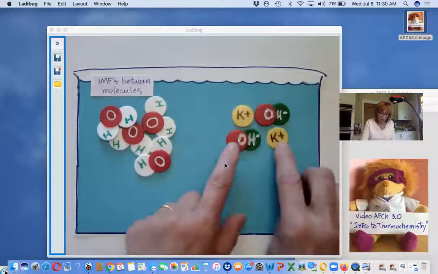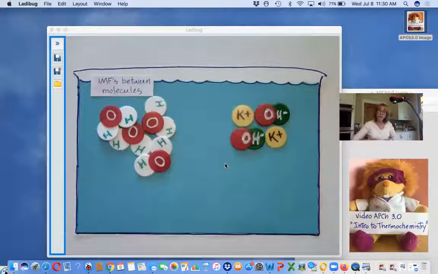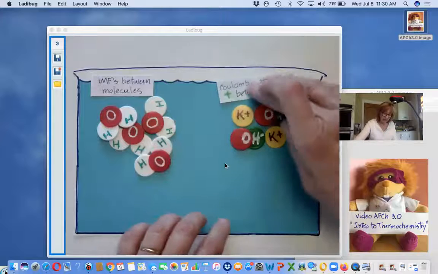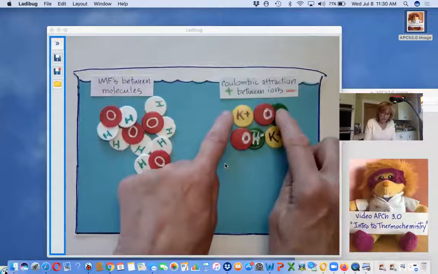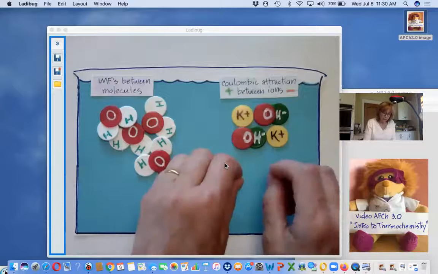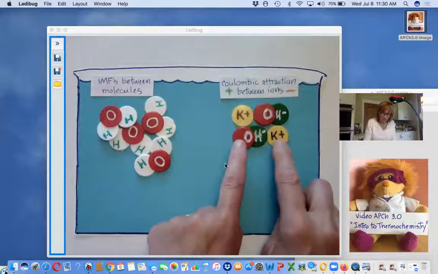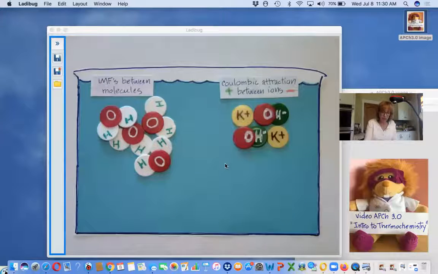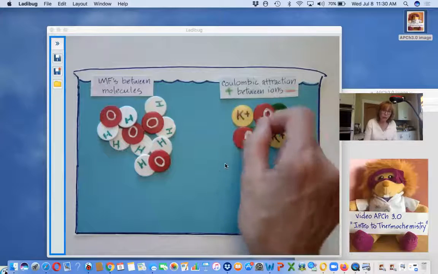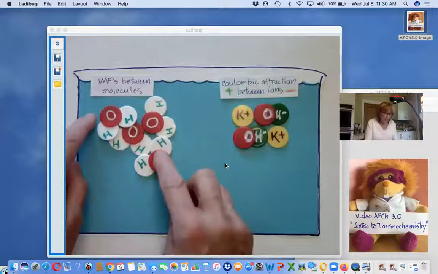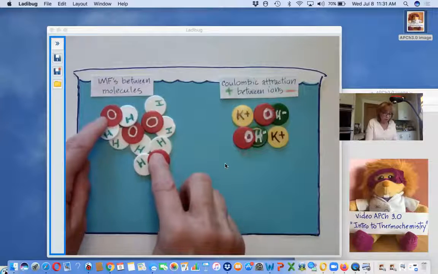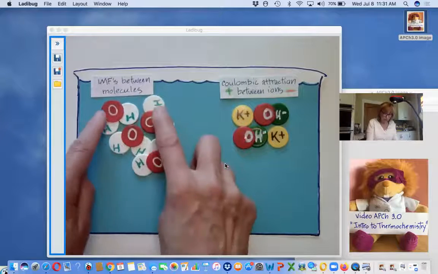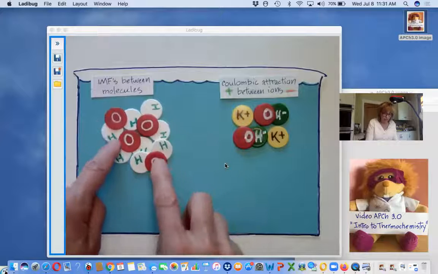So there are Coulombic attractions between the cations and the anions that hold this solute very firmly in place. It's a solid, so there's very little motion, maybe a little vibrating, but Coulombic attraction really holding them together, and IMFs holding these liquid molecules so that they're touching each other, but they are, remember, kind of free to roll around.